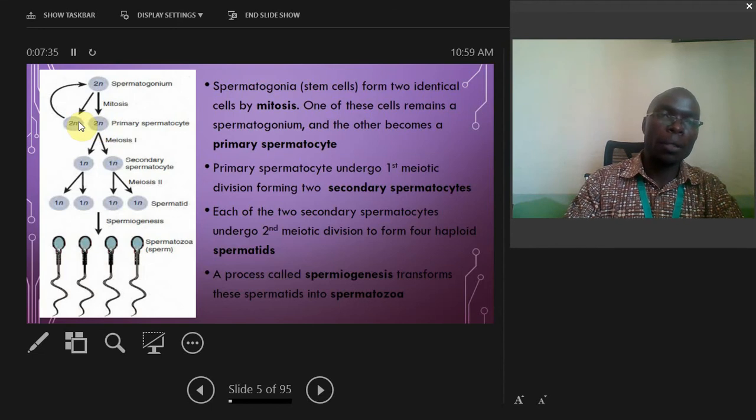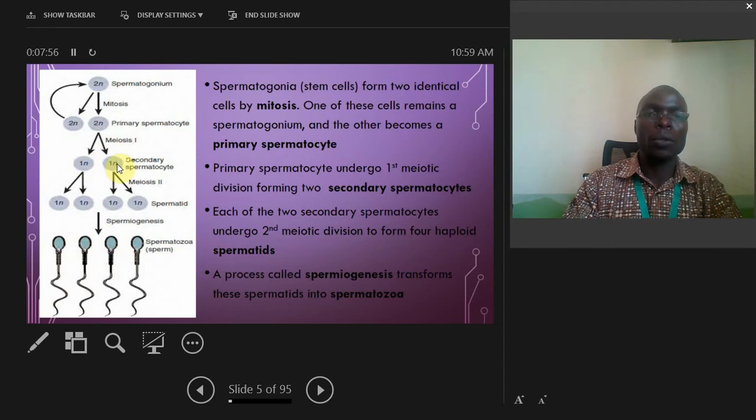Now, one of the diploid daughter cells develops into another spermatogonium, whereas the second daughter cell, what we now call a primary spermatocyte, will undergo the first meiotic division to give us two daughter cells which will be haploid. We call these haploid daughter cells secondary spermatocytes. Each of the secondary spermatocytes will then undergo meiosis II to form what we call spermatids.